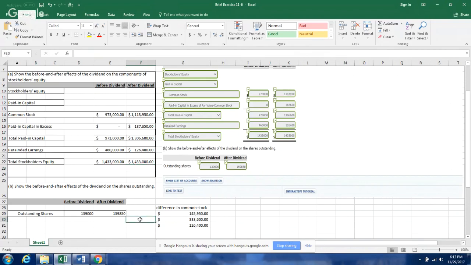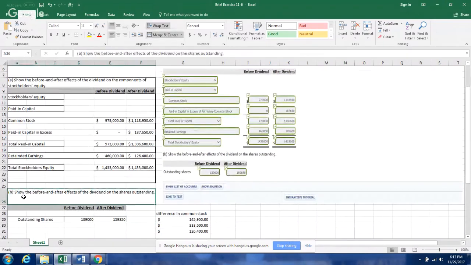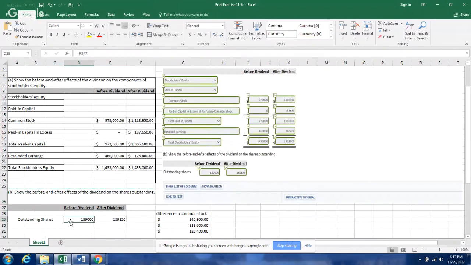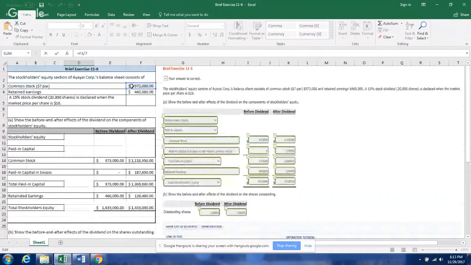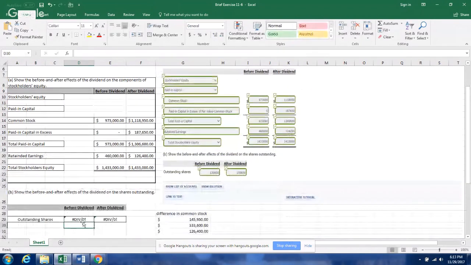The second part of the question, we have to show the before and after effects of paying the dividends on the shares outstanding. So for before dividends, we're taking our $973,000 and dividing it by $7 because that's the par value. And that's where I'm getting the 139,000 shares from before.